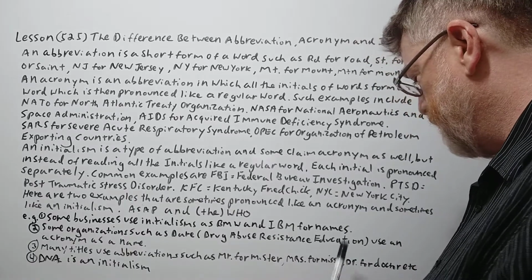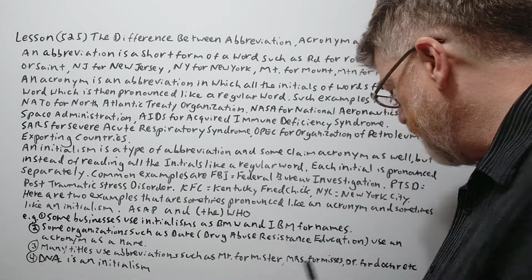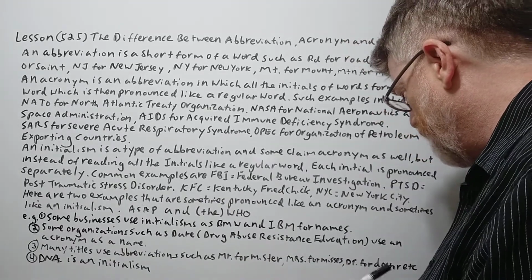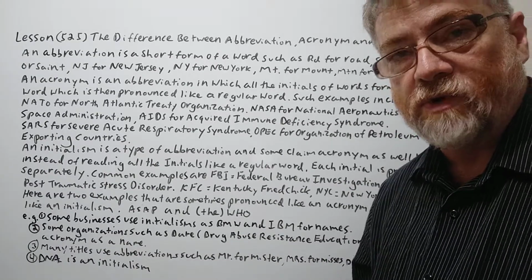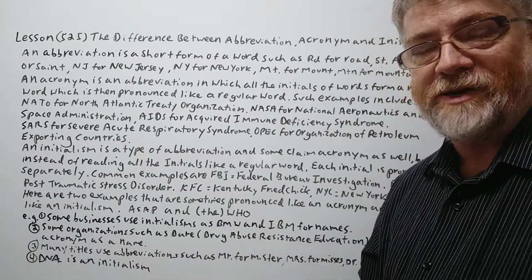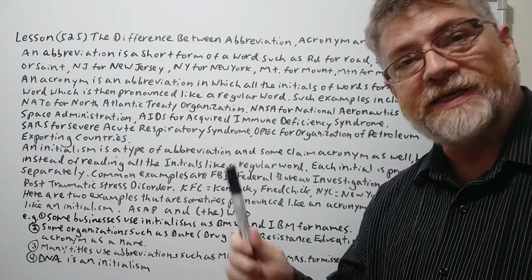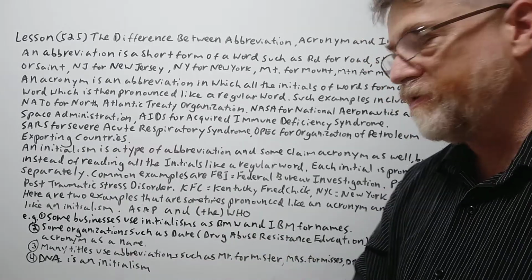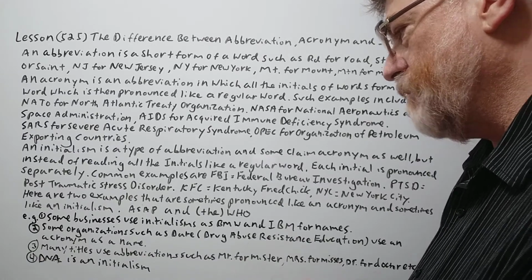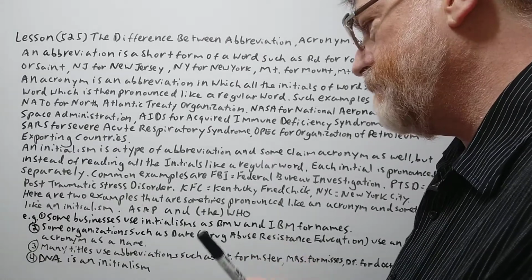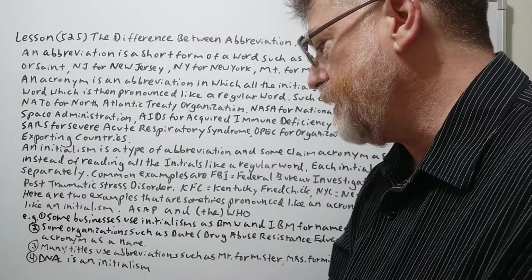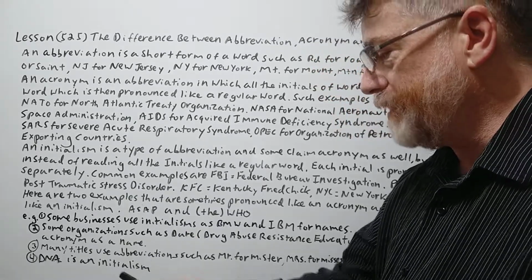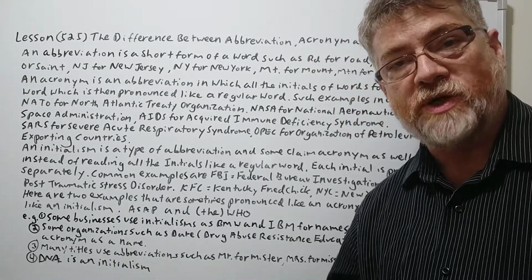And then of course you've got Ms. too, or DR for doctor. Nobody says, he is a D-R. They'll say he is a doctor, or they'll say Doctor Smith or Doctor Jones or whatever their name is. Okay, so great. And the last one here, DNA is an initialism, of course.